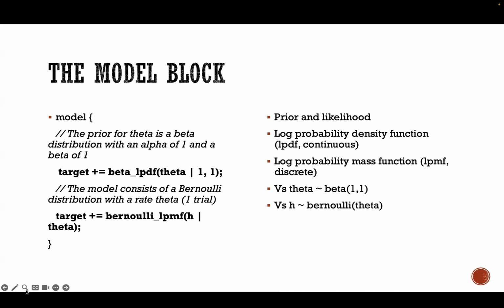Because Bayes' theorem says that the posterior probability, the probability of the parameter values given the data, is equal to the prior probability, right? The probability of the parameter value, no matter what, times the likelihood. Right? The probability of the data given the parameter value, and that's the easy part.